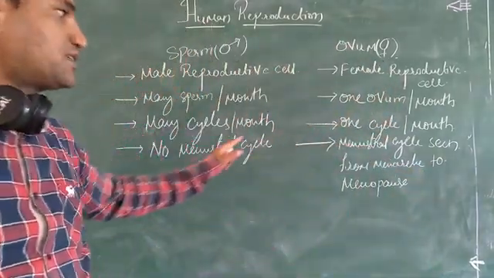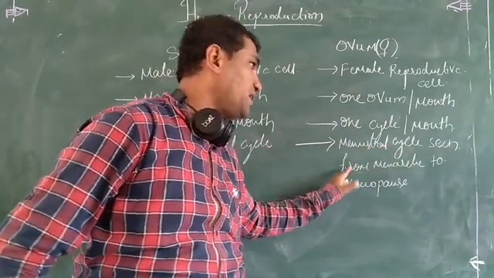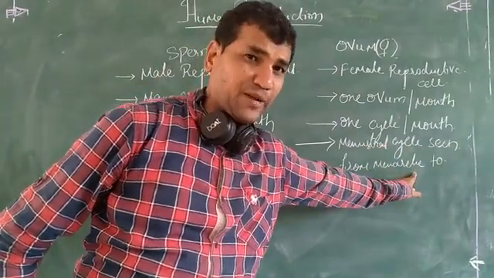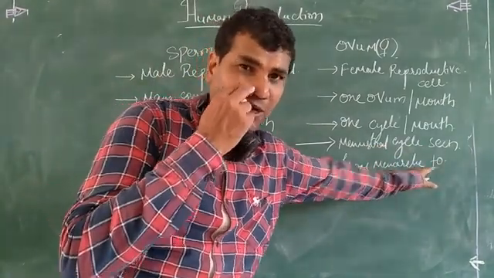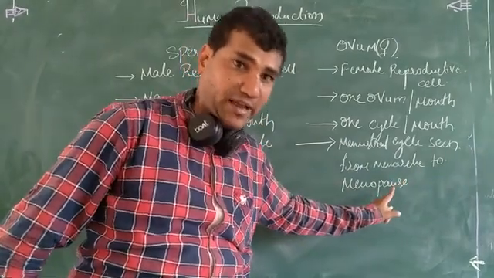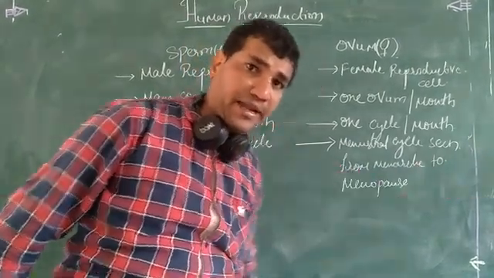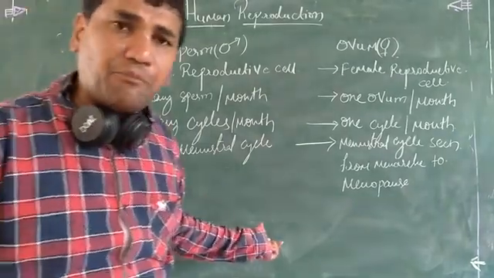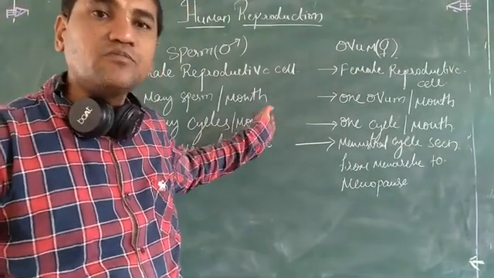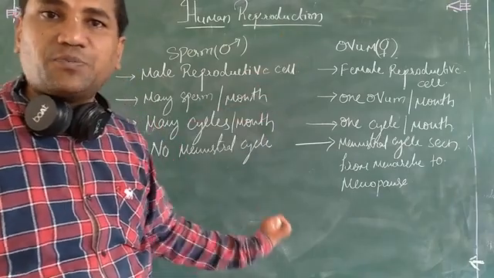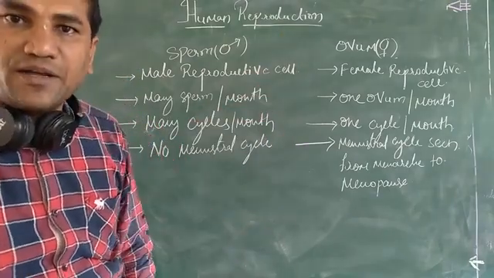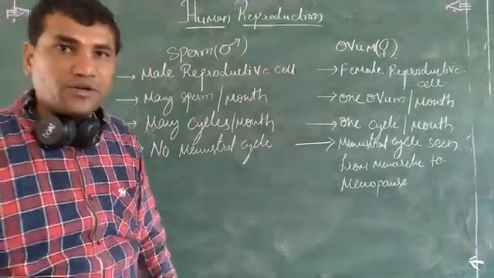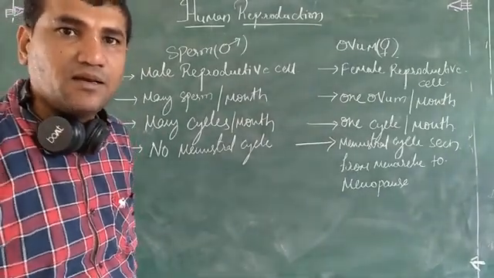In females, many menstrual cycles can be seen from the first ovulation to the last ovulation, called menarche and menopause. So these are the very important differences in concern to the sperm and ovum. We'll continue the class in the next part.